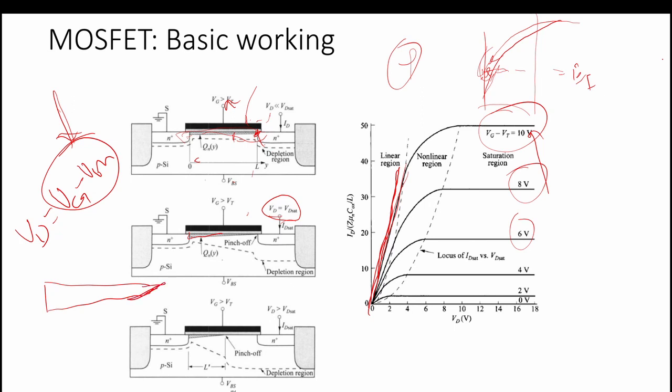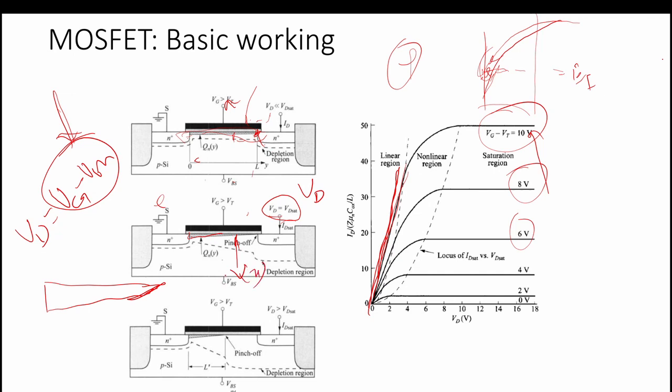When we apply a voltage between source and drain, the voltage at the source is 0 and at the drain is Vd. So there will be a voltage drop between source and drain. Where will the voltage drop? It will drop only across the channel. There is a drop of Vd across the channel, so there will be a voltage Vx at this point.